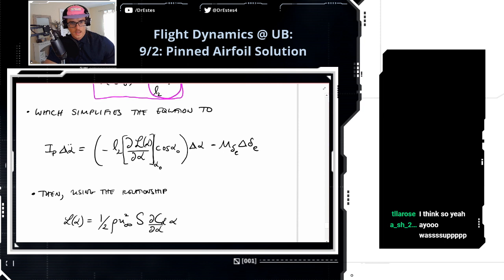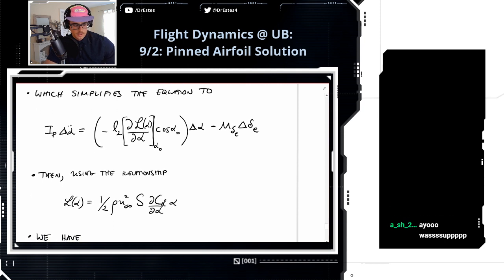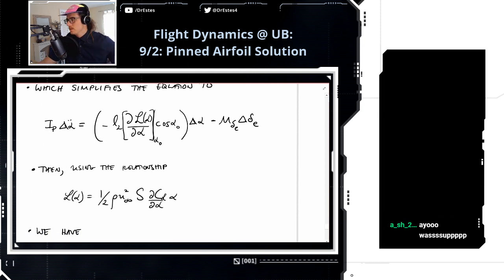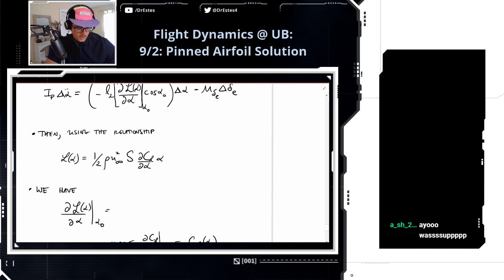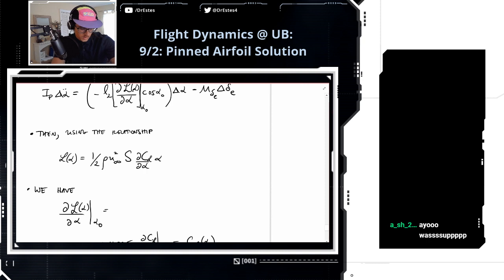Okay. And then we're gonna break this down a little bit more, because we know that the lift is related to this lift coefficient. So this is the lift.